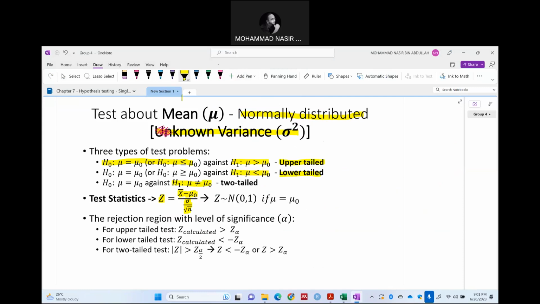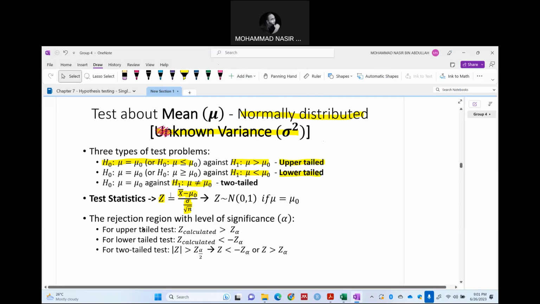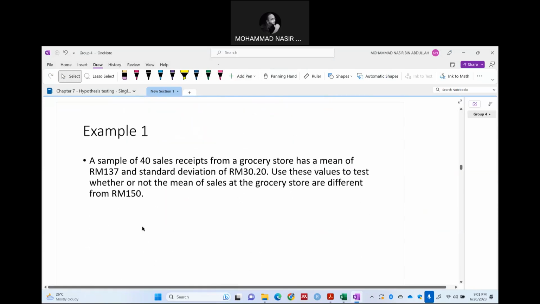And when we have tests about the mean where the population variance is known, we will use Z distribution, x bar minus mu naught divided by sigma over square root of n. So this is the rejection decision rule. Now let's look at example number 1.